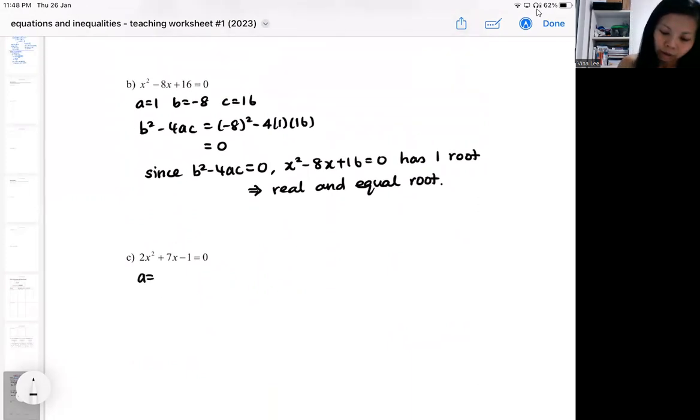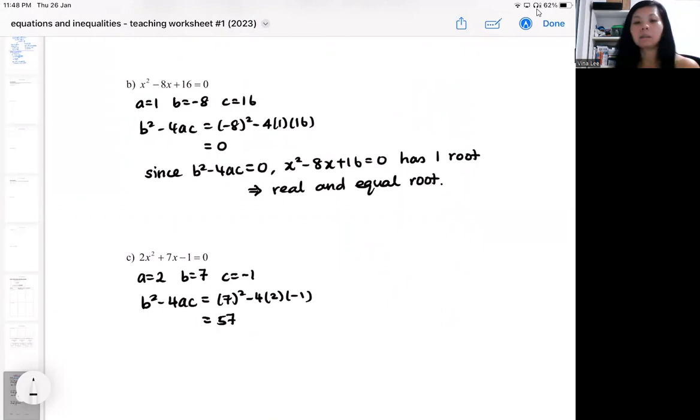Okay, so second one, let's try again. Make sure your ABC are correct. Okay, let's try to calculate the discriminant. So in this case, my discriminant is a positive value.